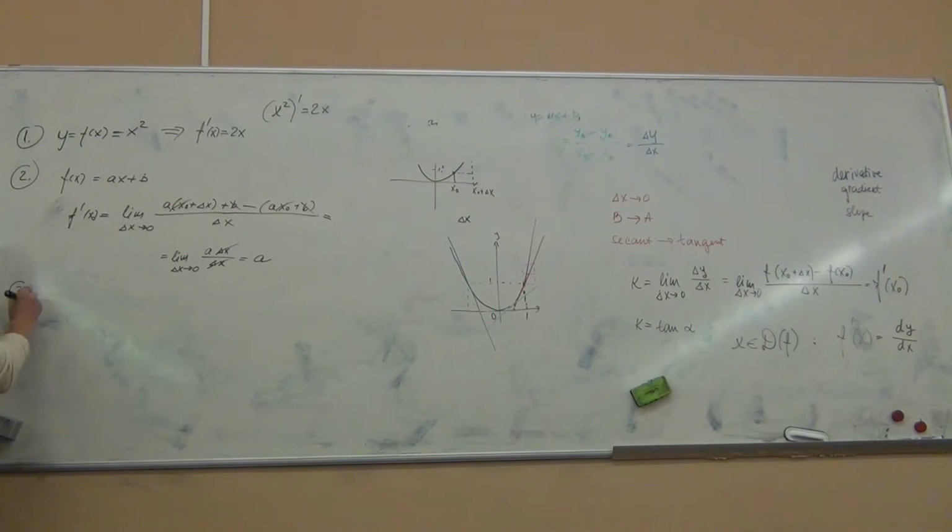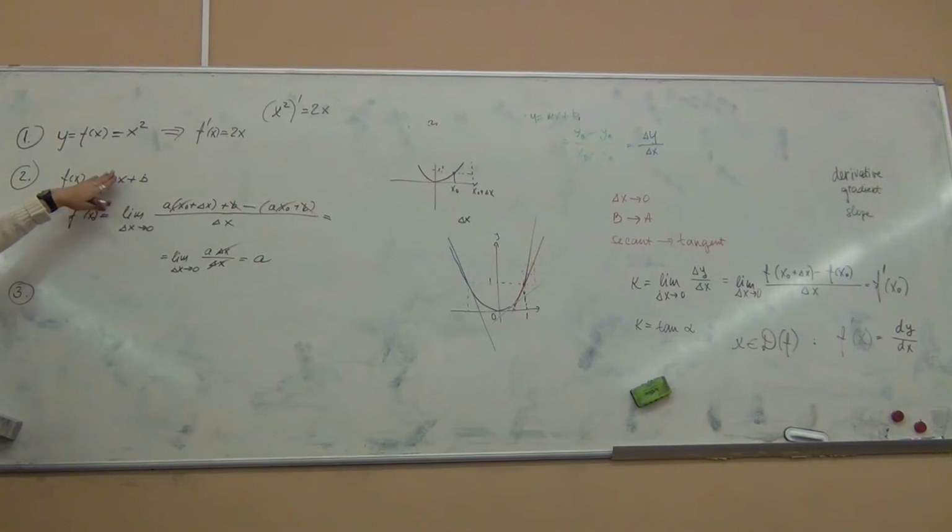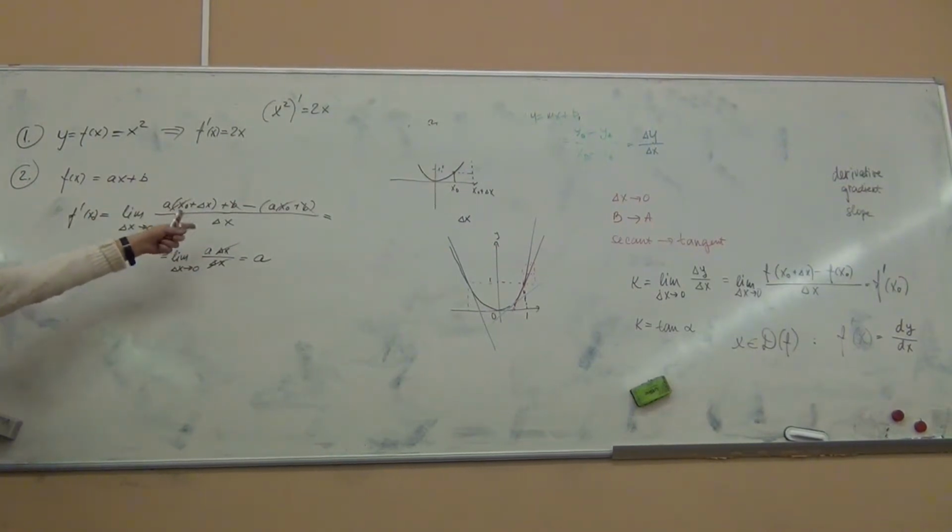So from this, we can also see that the slope of a constant function, of a horizontal line, obviously has to be 0. According to all this, if we have a equal to 0, a horizontal line, y equals b, we can see that b minus b is 0. The slope will be actually 0.